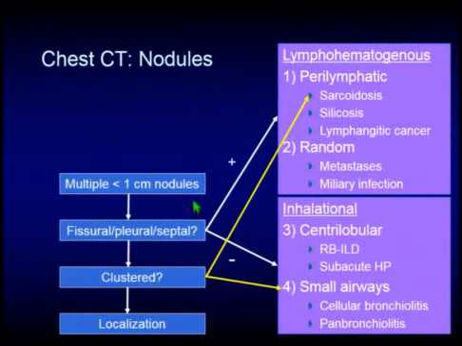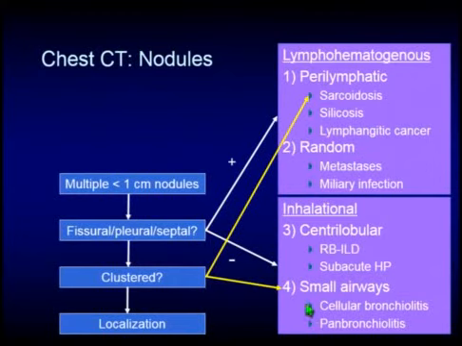Again, when you're dealing with a nodular pattern, and multiple or numerous subcentimeter nodules, the first question to ask yourself is, are they involving the lymphatic structures? If that's the case, then you're dealing with a lymphohematogenous process, whether it's perilymphatic or random.